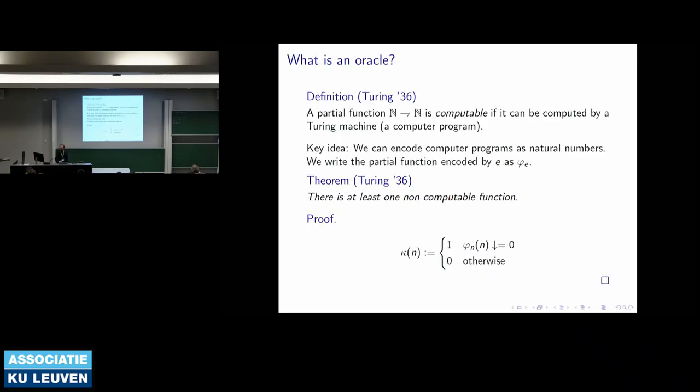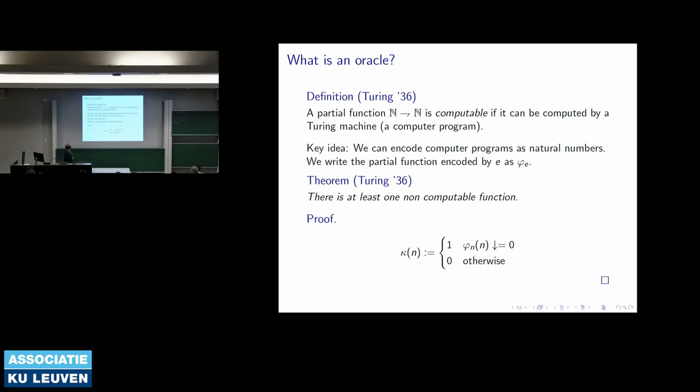Okay, so towards computable homotopy theory. I'm going to start off by just doing a two-slide introduction to computability theory for HoTT people. A computable partial function is a partial function that can be computed by a computer.